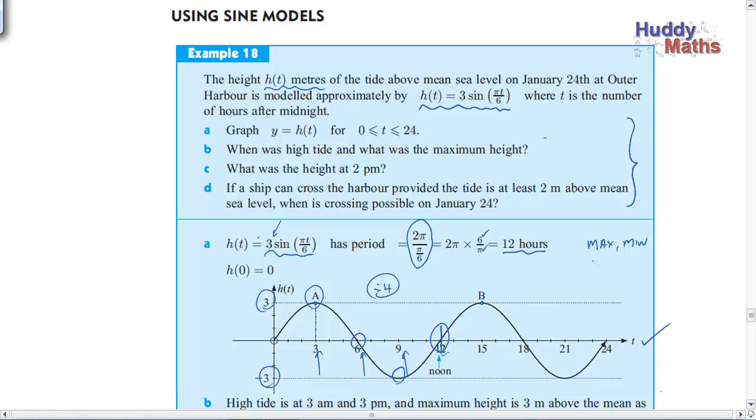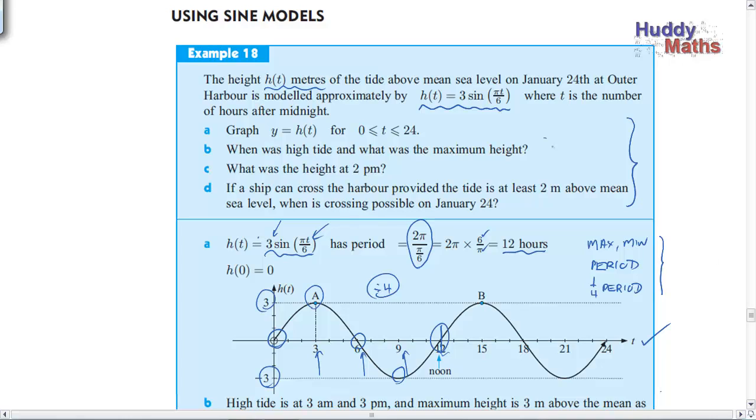You can then get the period, and then every quarter of a period you go from max to 0 to a min. So you only have to find the first one. So sub t is 0 in here, sine of 0 is 0, and then you're away. Up and down, through 0, down again, and so on. So there are some good little tricks that you can use here if you understand the function. And that's what we're doing in earlier presentations, trying to understand the graphs of trig functions.